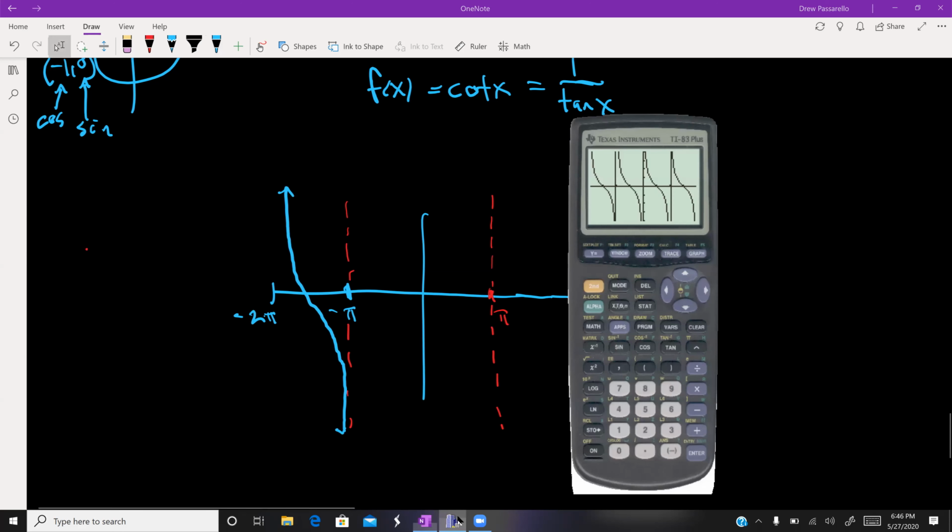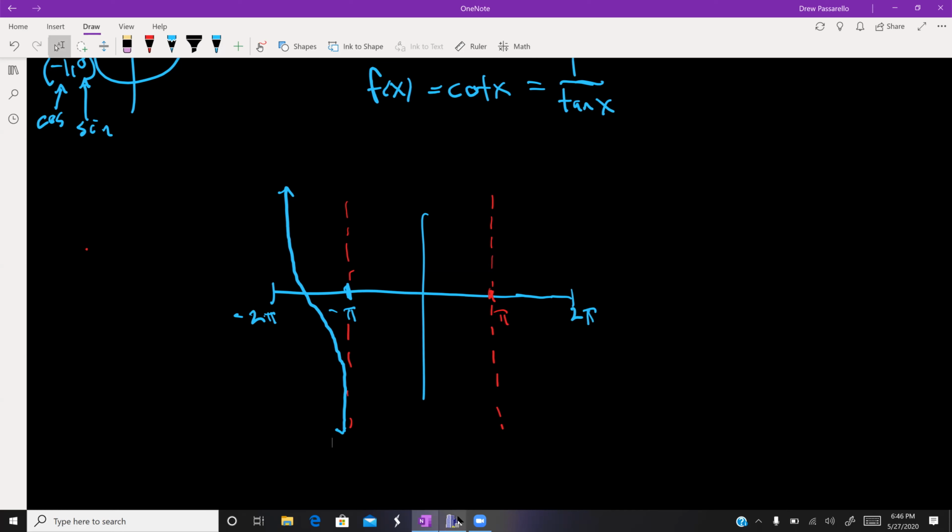Sorry, my drawing's pretty horrendous, but the y-axis is also an asymptote. So that's 1, 2 cycles. This would be the 3rd cycle. And then this would be the 4th. All right, so really I just need a general idea of what the graph looks like.